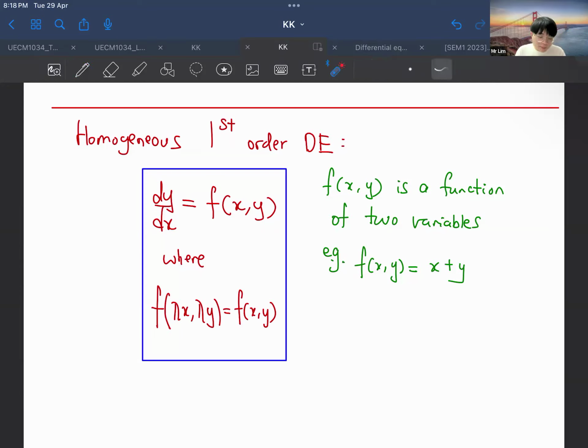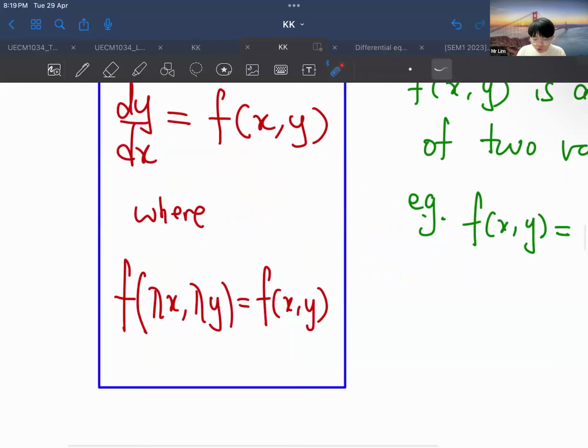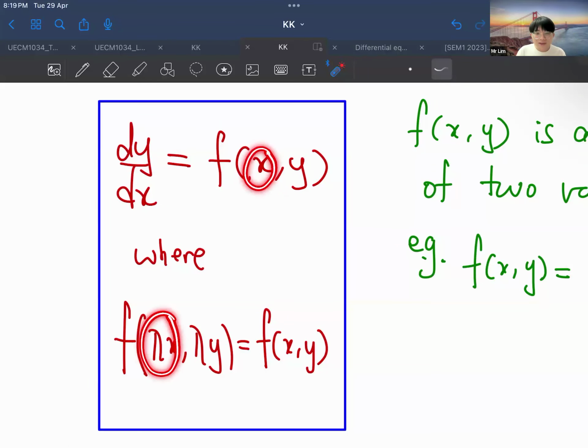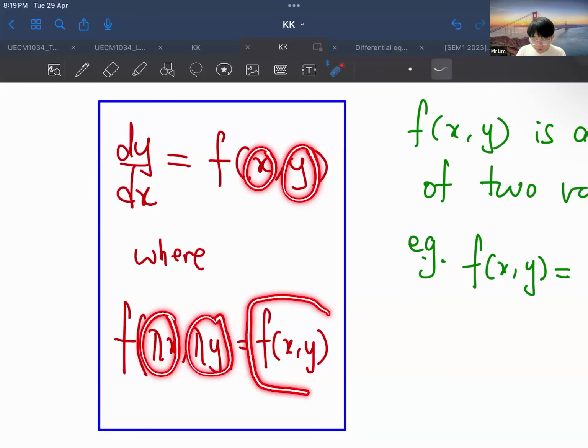So first, you need to be able to write your dy/dx in terms of some other thing. That's the first thing. And the second thing is that for this particular f, if you substitute your x with λx, y with λy, you will get back your f(x,y).